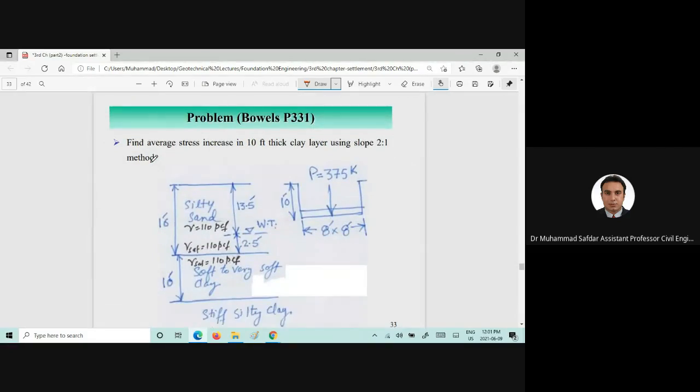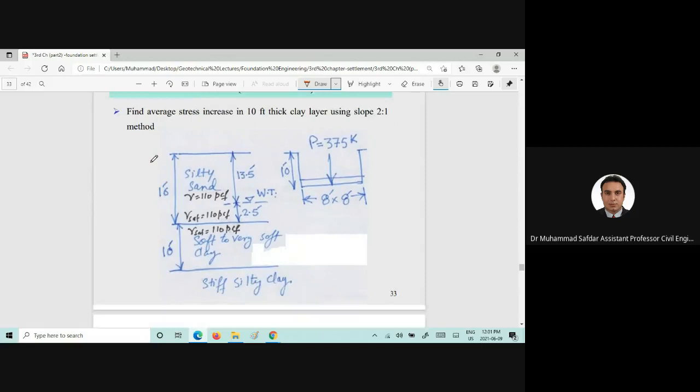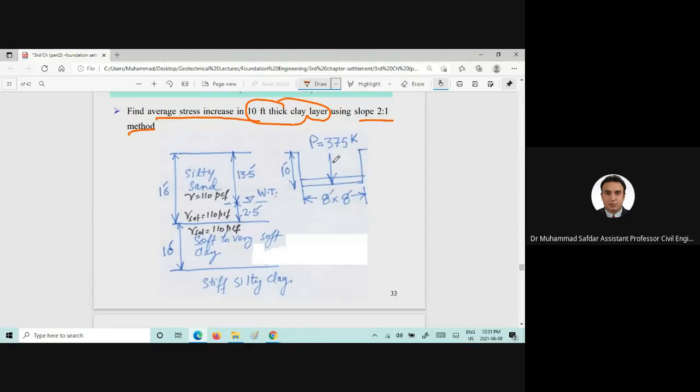Now in this problem, we need to find out the average stress increase in the 10 feet thick clay layer using the slope 2-1 method. So a load is applied at a depth of 10 feet. The dimensions are given.